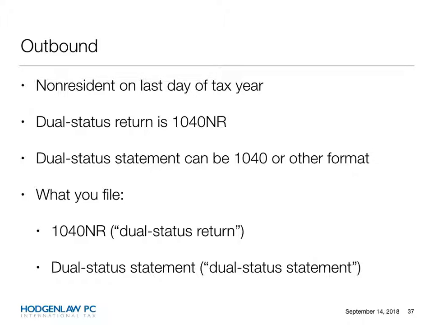You'll be filing a 1040NR, so the due date will be whenever a 1040NR is normally due, with the applicable extensions. So typically 6/15 and the extension to 10/15. As I said earlier, e-filing is not allowed, and you will have to paper file this return along with the statement.